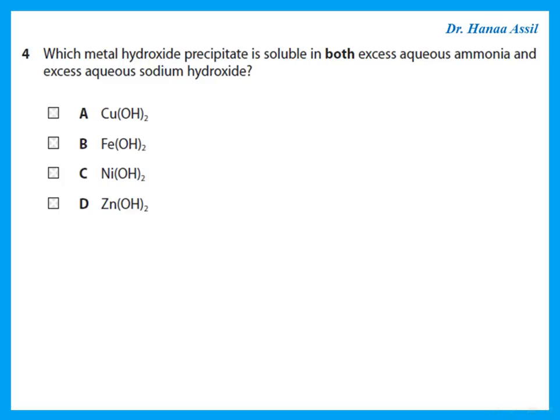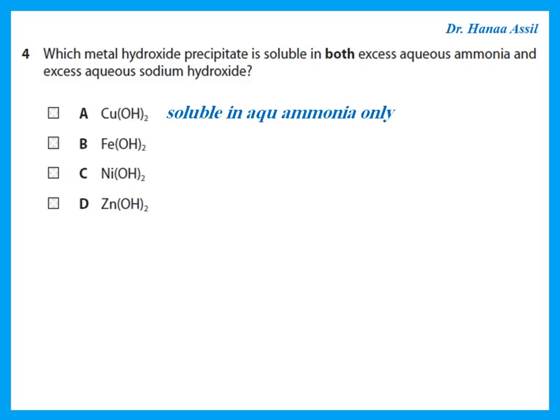Which metal hydroxide precipitate is soluble in both excess aqueous ammonia and excess aqueous sodium hydroxide? You should know that, for example, copper. If I put copper ions in excess ammonia, the blue precipitate which would form would dissolve in excess ammonia, but it would not dissolve in excess sodium hydroxide.